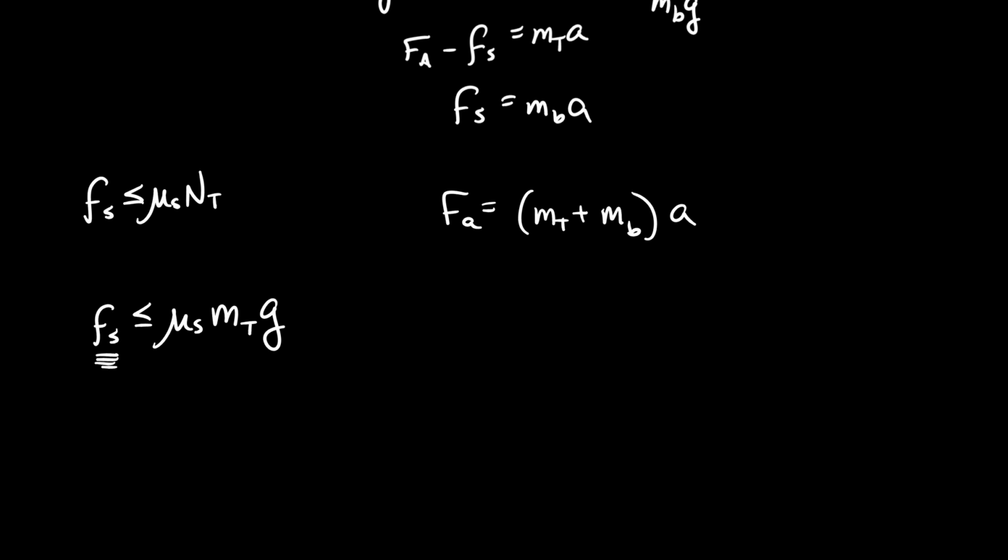We didn't need the acceleration. We were never asked what the acceleration was. We eliminated the frictional force in order to get the acceleration, but we should have eliminated the acceleration to get the frictional force. We can still do so. If I solve this for A, I can figure out the limits on the frictional force.